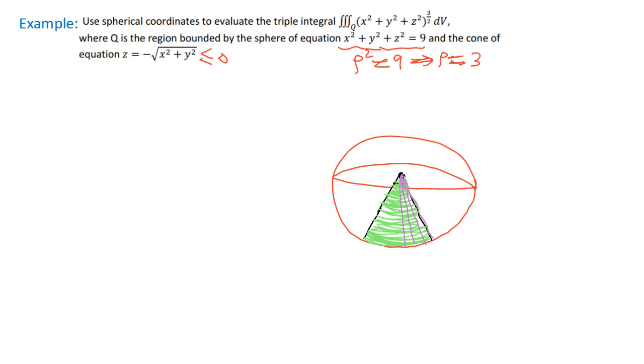Rho will stay the same. From 0 to 3, yes. The maximum value for rho is at this surface on the sphere. Rho equals 3. So rho between 0 and 3.